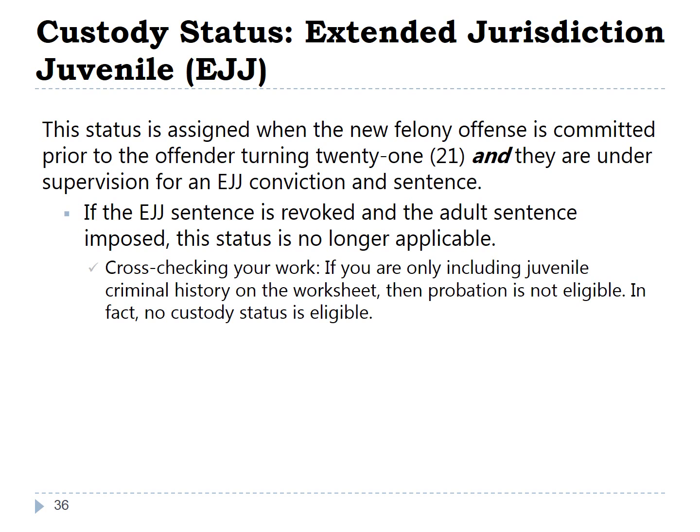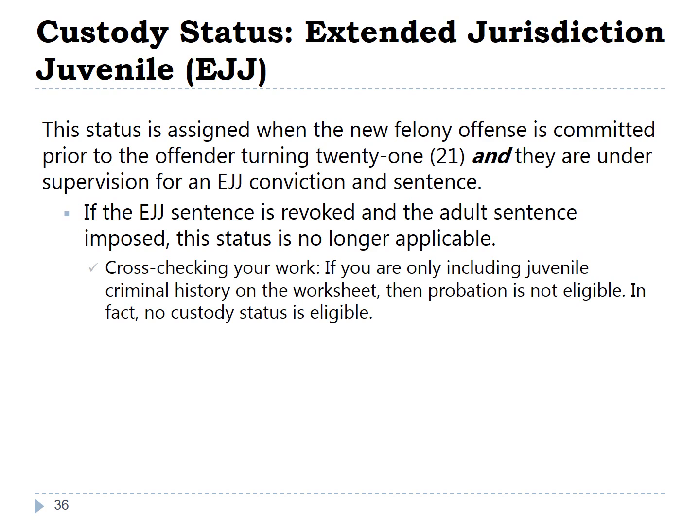The offender will remain under EJJ until the age of 21, at which time it will be dismissed, again provided it is not revoked. If the current adult felony is committed under the following conditions, an EJJ custody status would be assigned.